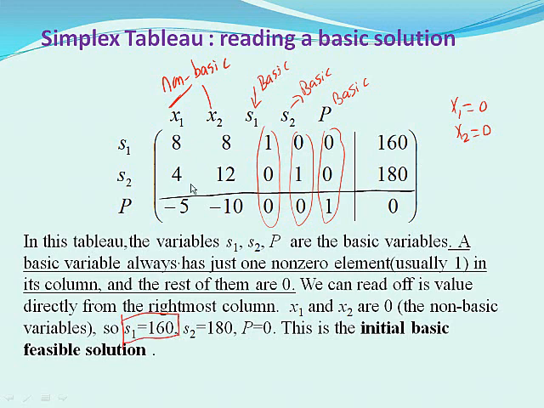If we use the second row, again with the same conditions, x1 and x2 being zeros, we will get 4x1 plus 12x2 plus 0s1 plus 1 times s2 plus 0 times p equal to 180. So that equation will be simplified as s2 equal to 180. So we get the second basic variable, and from the last row we will get p equal to 0.